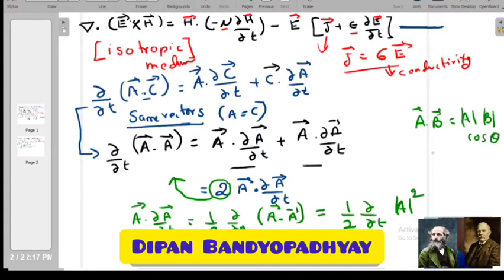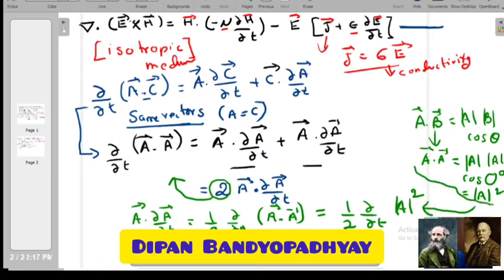Since here we have A dot A, that means we have mod A again, and cos theta. Theta means the two vectors are same, that means theta will be 0 degree. That means what we have? Mod A squared. So this is what we have written here.